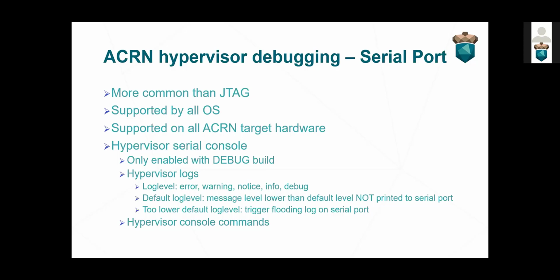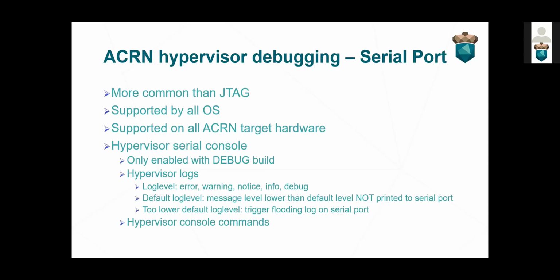From the serial port of the hypervisor, we could see some logs. If you check our ACRN hypervisor source code, you could see we define different log levels, something like errors, warnings, notice, information, debug message. You could choose the different API according to your message level. And also, we have a default message level defined at build time.